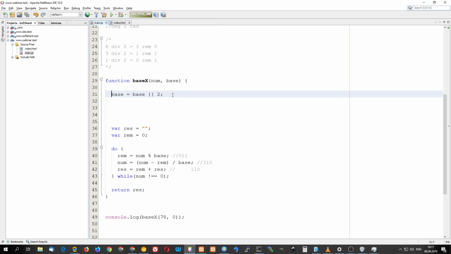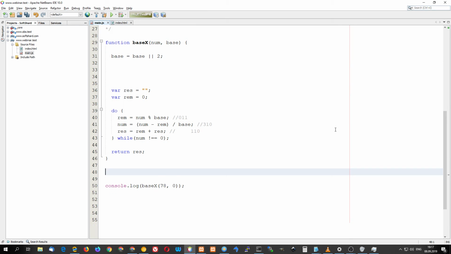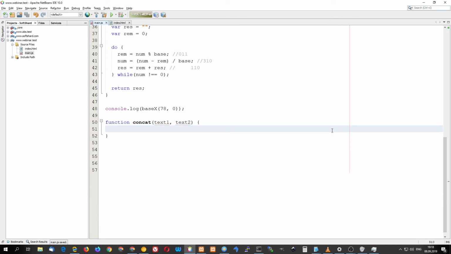This type of defaulting to a value may be a problem. Let's make a simple concat function for strings. So we have text1, text2, and we can return text1 plus text2.